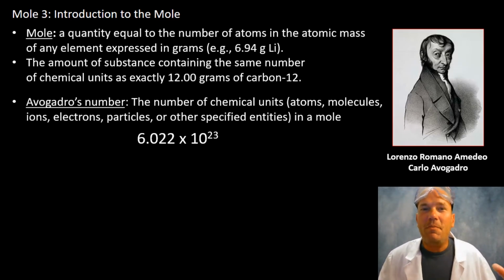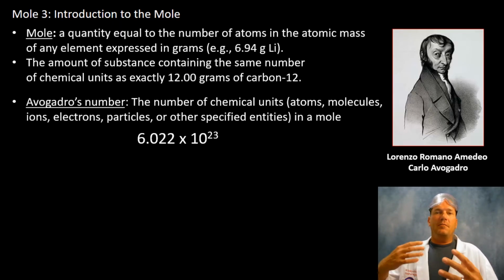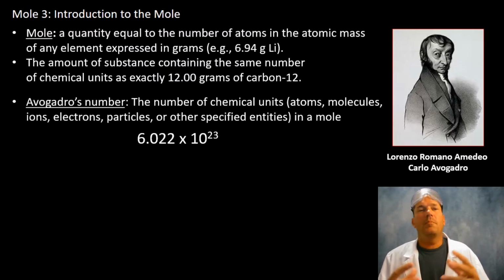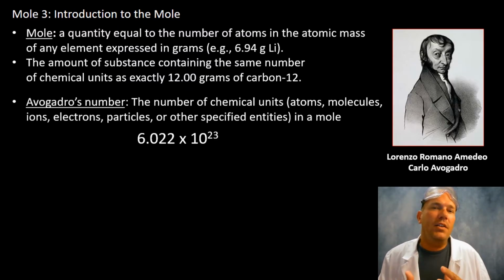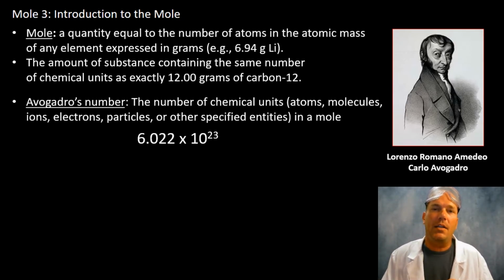But it was his work that led to the idea, and later scientists came in. The French scientist Jean Perrin used Brownian motion of particles to prove Avogadro's number.